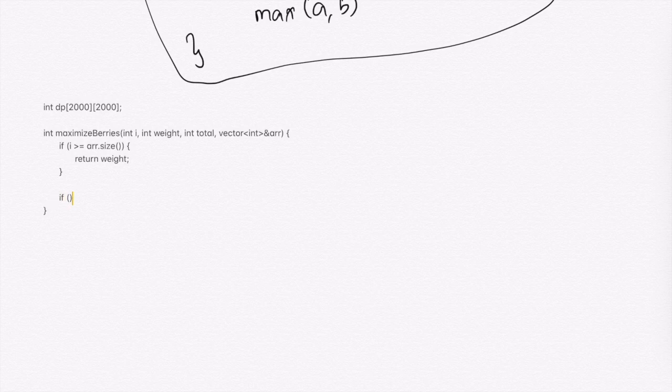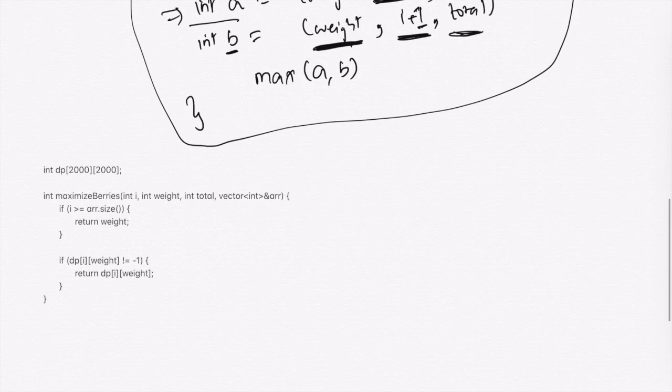The other condition is what if we have actually calculated, right? And now this is where you will see the importance of having two-dimensional DPs in place. Now for the ith index and for the weight that we have accumulated until now, if we have already calculated, so let's say if the value at these indexes is not equal to -1, it means that we have already calculated this particular subproblem, and we are going to simply return dp of I comma weight.